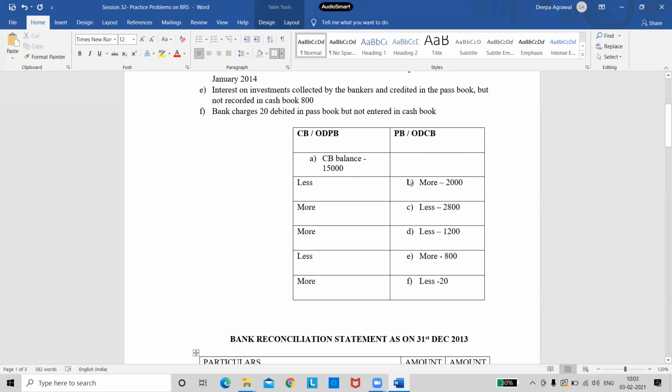Wherever we have written more here, we will add those transactions, and wherever you have written less, we will deduct those transactions. Remember, look only in the passbook column. Forget about the cash book column now. This column we wrote only to find out about this column.